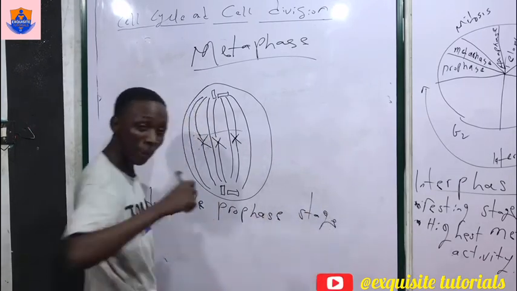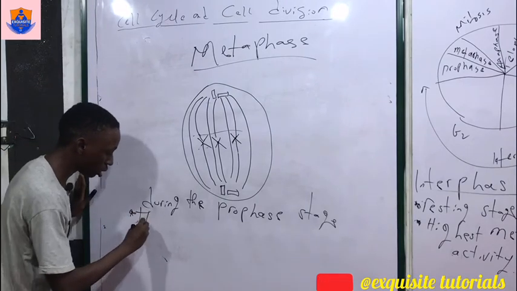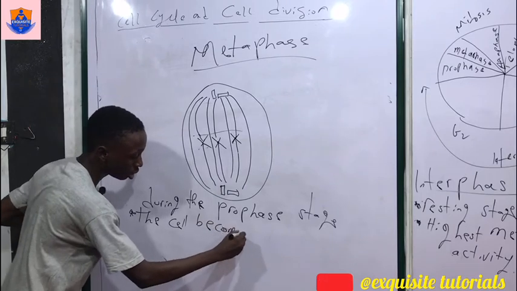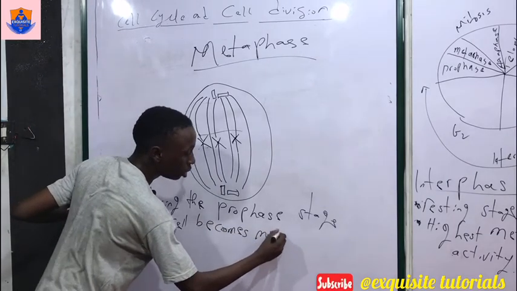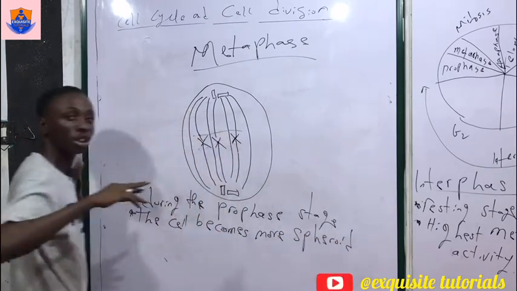These are additional properties you would also like to take note of. The cell becomes more spheroid, meaning it takes a more spherical form.